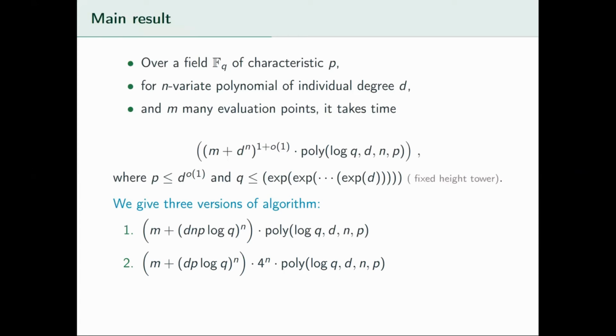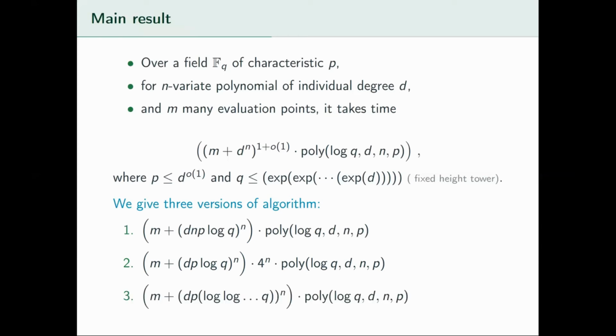So basically, that's how we remove the variable constant here. But again, p and log q cannot be comparable to d. Otherwise, again, that will ruin the nearly linear time algorithm idea.